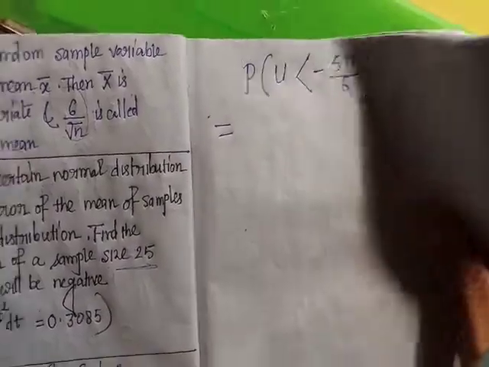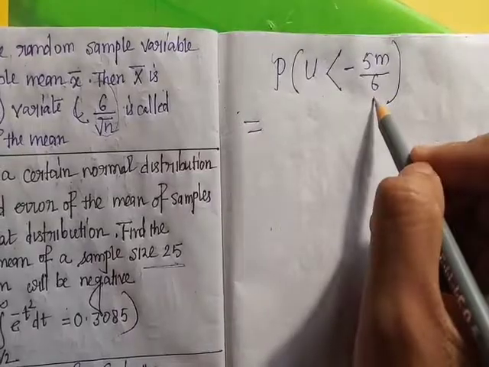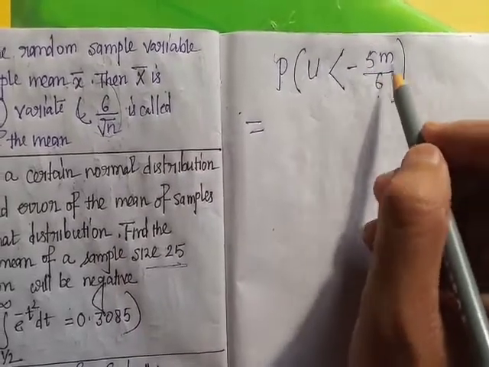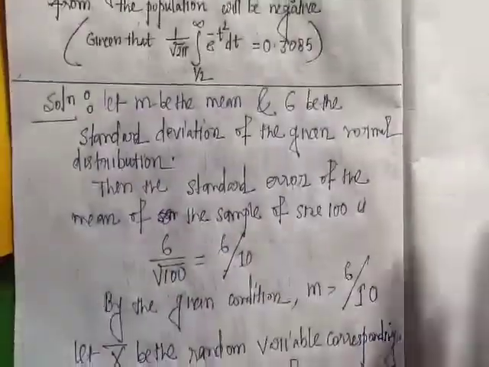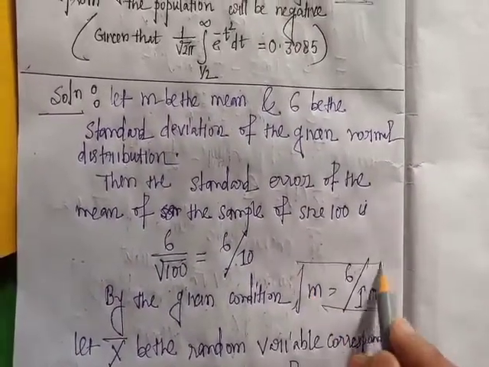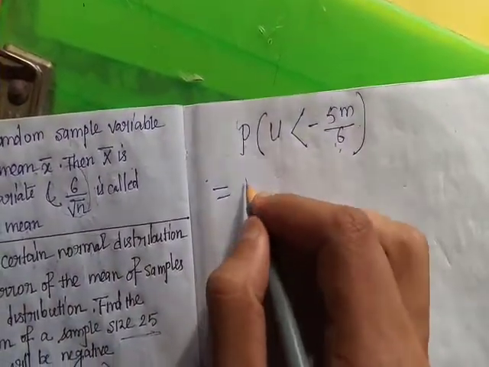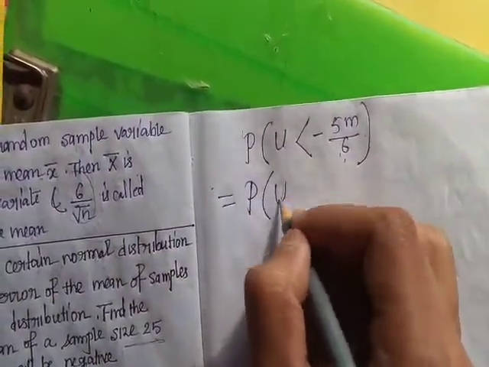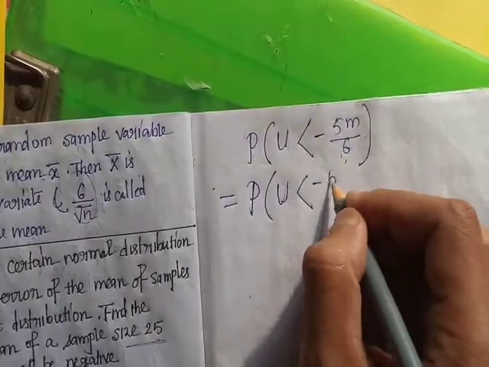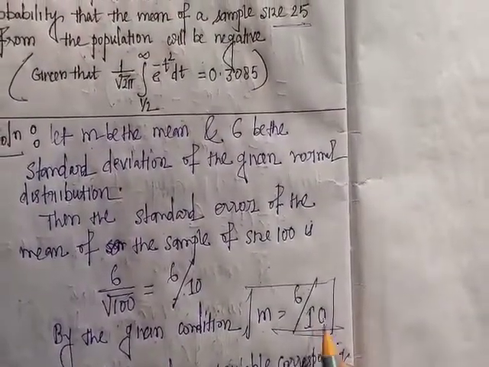Here it is minus 5m by sigma; this is sigma, not 6. Here m equals sigma by 10, so put m equal to sigma by 10 in this. So U is less than minus 5 by sigma times sigma by 10.